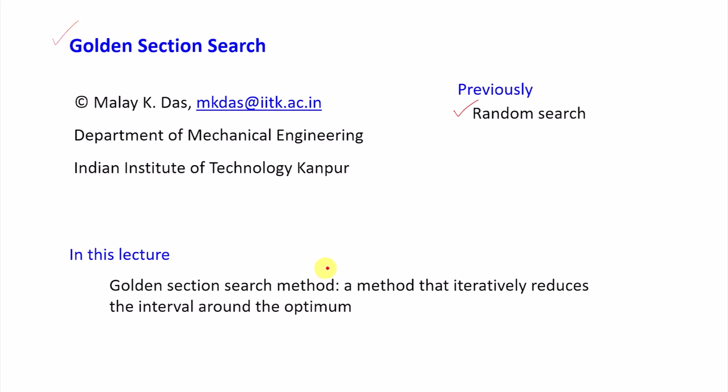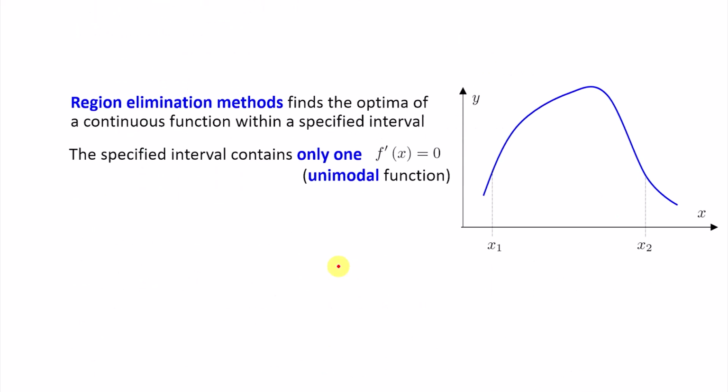In golden section search, we start by identifying an interval within which the optimum resides, and then we define an iterative scheme through which we'll continue to shorten the interval around that optimum. So let us see how we can perform this.